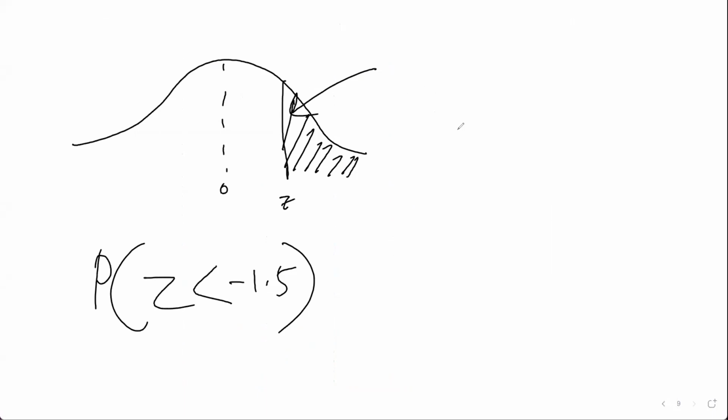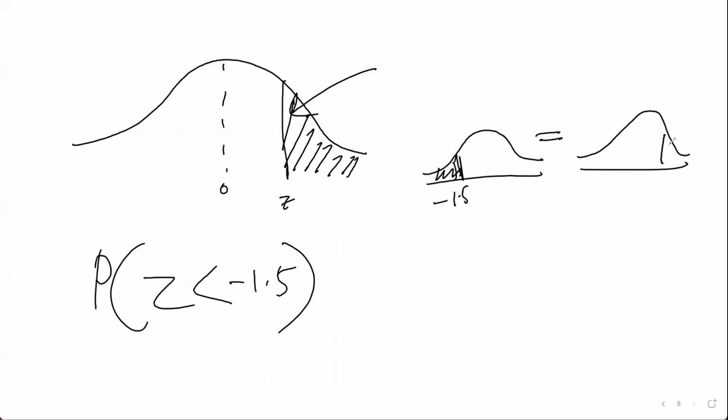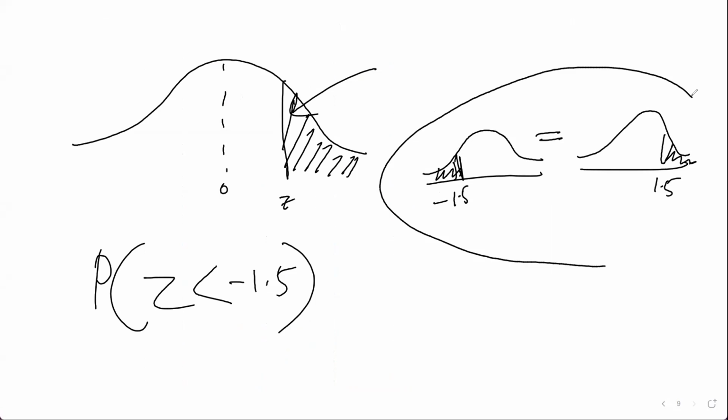Right? Just because of symmetry, you know that this is what we want to compute. Okay, this is equal to this area. මේ property එක පාවිච්චි කරන්න වෙනවා මේක calculate කරන්න by using this table.